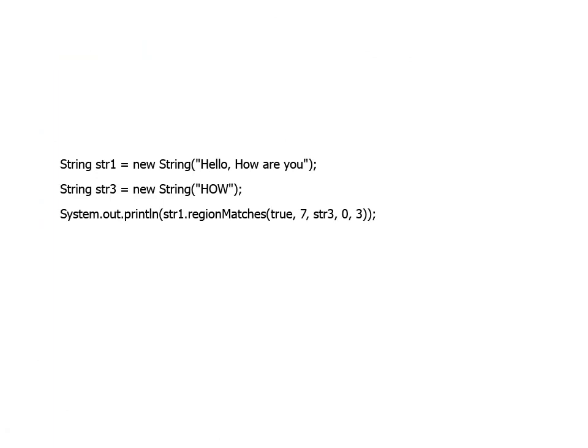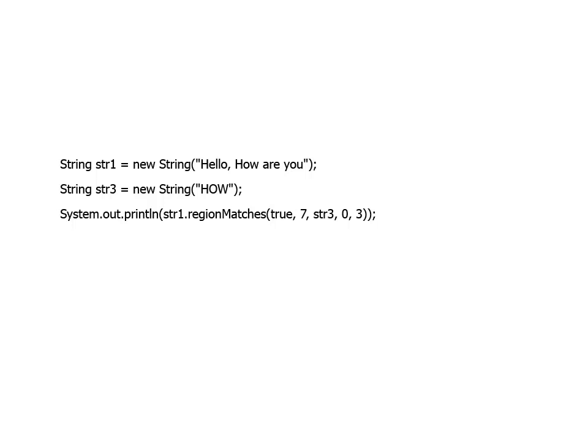In this example, we have str1, a string object. It contains hello, comma, space, how are you? The second string object, str3, contains HOW in capital case. Then we System.out.print and call the method str1.regionMatches.